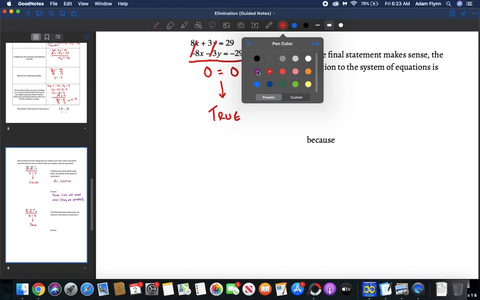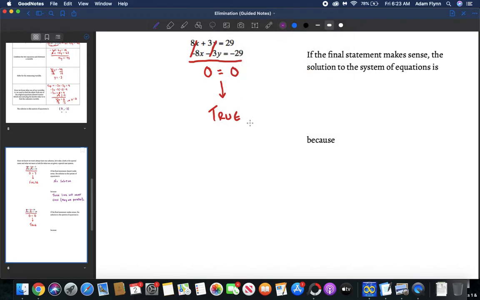Okay, so if the final statement does make sense, and this does make sense, this is true, 0 does equal 0. The solution to the system of equations is infinitely many solutions.